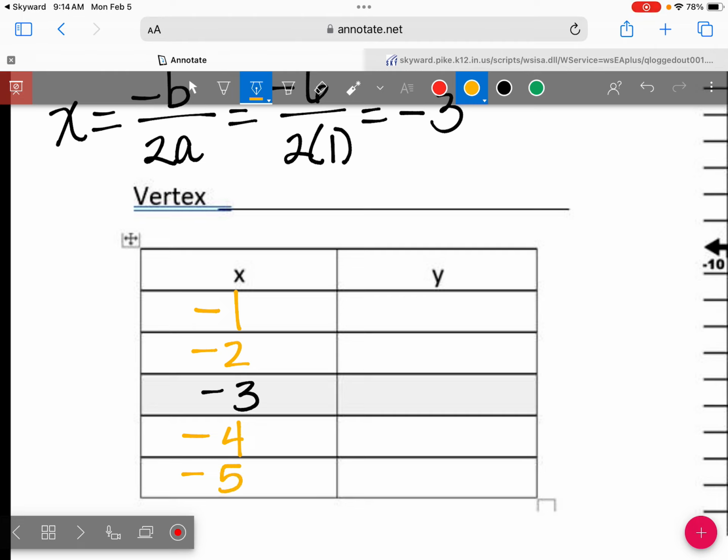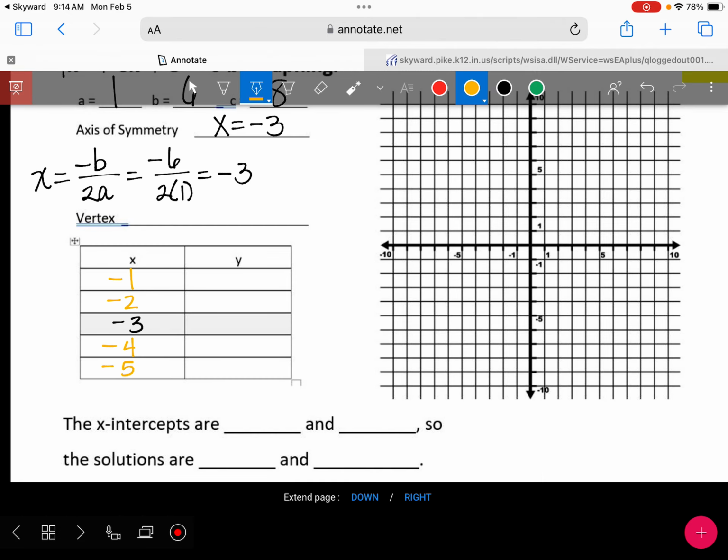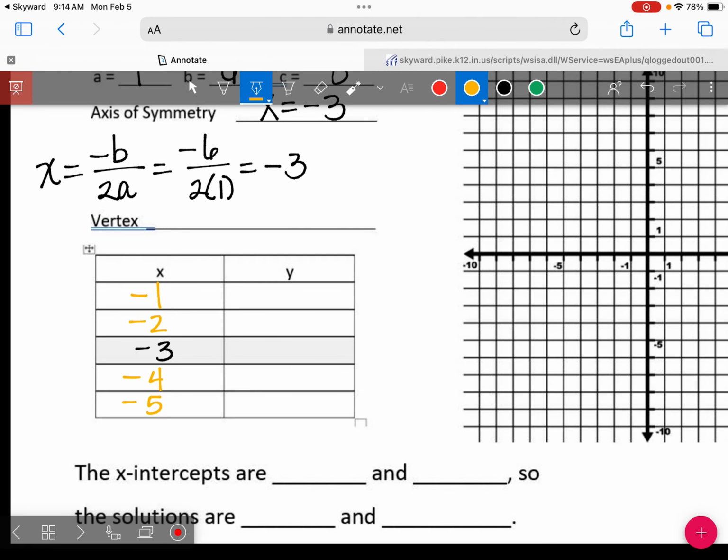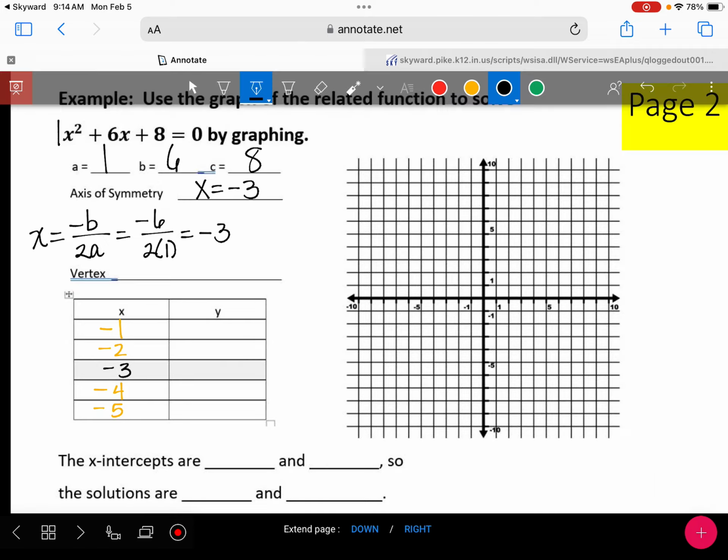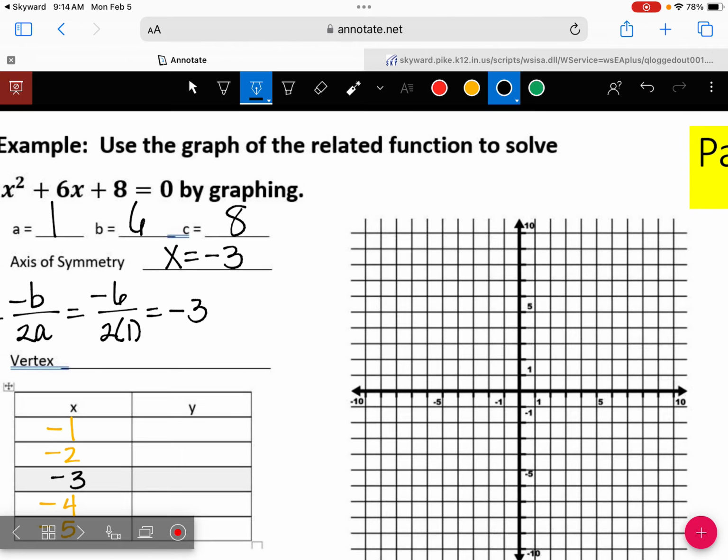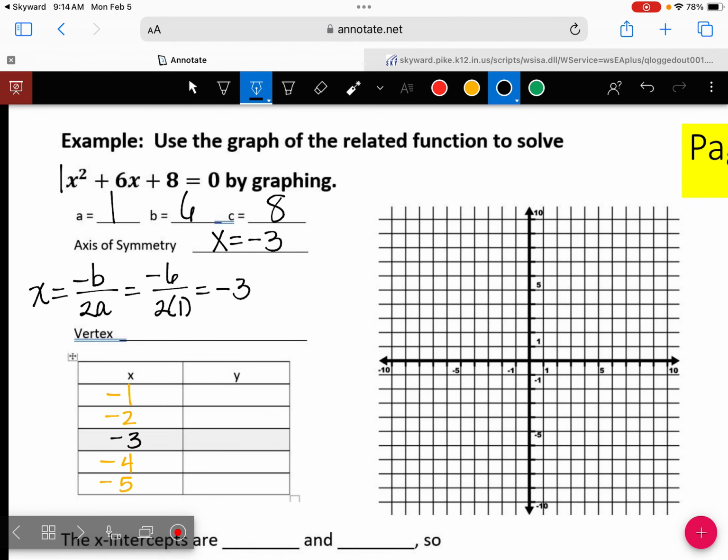So I want you to pick up your calculator and start typing these numbers into the equation. Your equation says x squared plus 6x plus 8, so I want you to put parentheses squared plus 6 times parentheses plus 8.